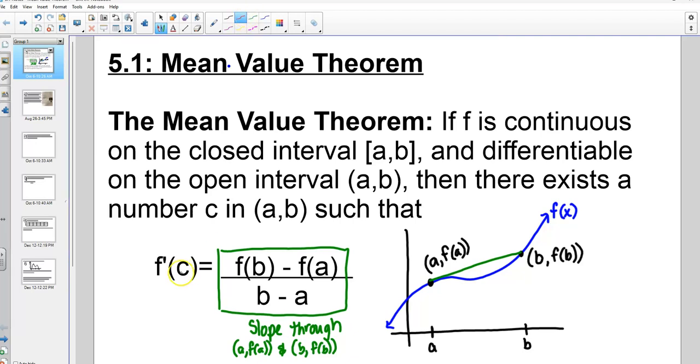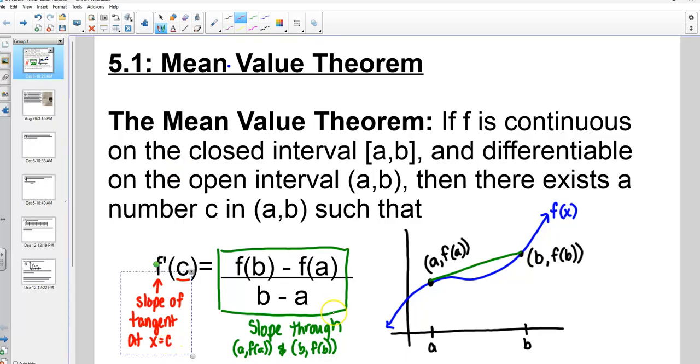Then let's talk about this c that it talks about. So c is a number in (a, b). So c is a number somewhere here on the x-axis between a and b. And f prime of c, what is f prime? What does f prime give us? Slope of the tangent line at x equals c.